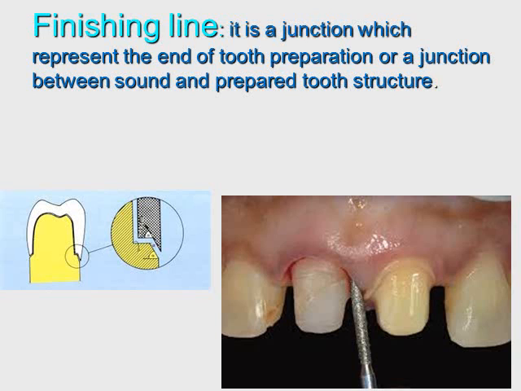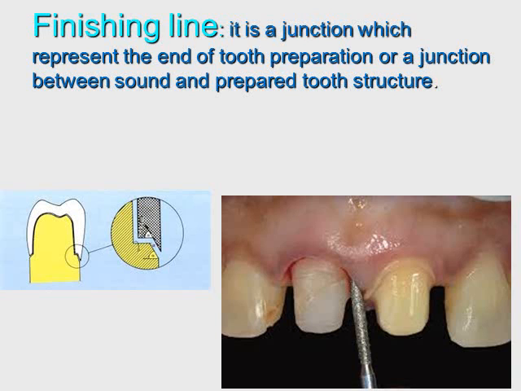It is not really a line, it is a junction with different thickness, and this junction represents the end of our work or our cut, and on this finishing line we are going to place the margin of the crown, which is going to be placed on this prepared part.